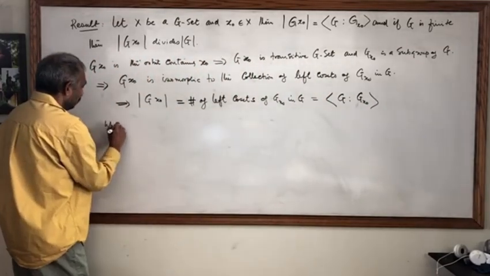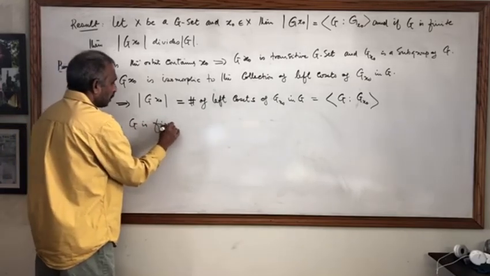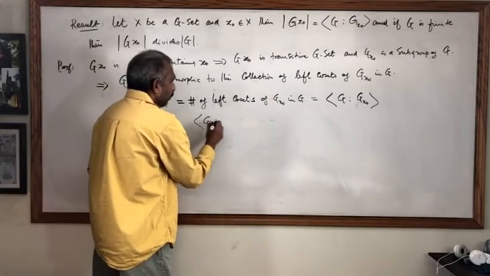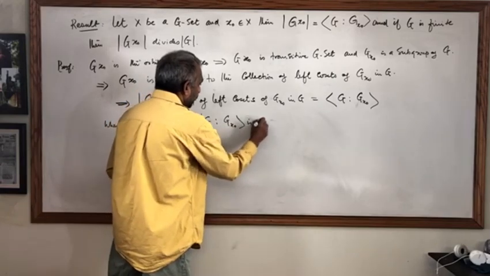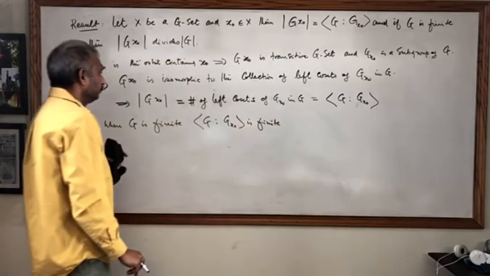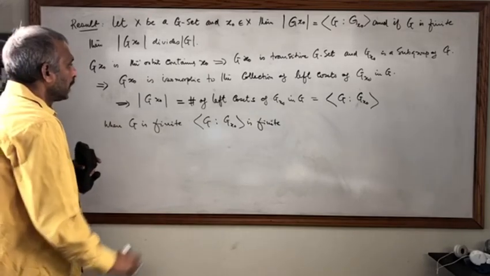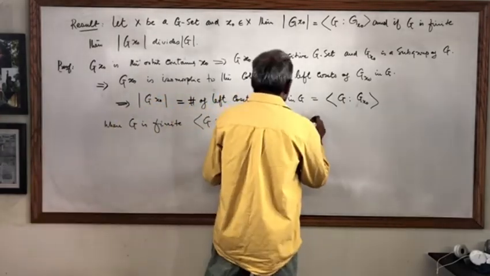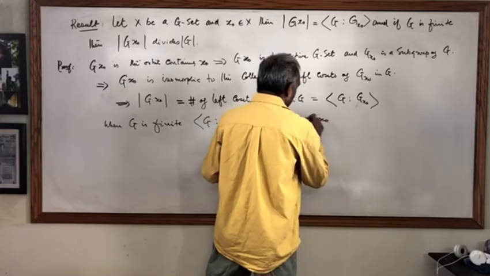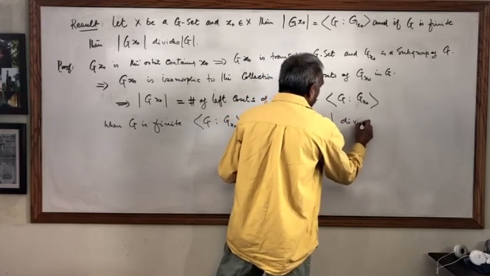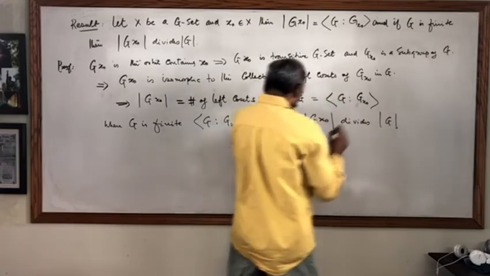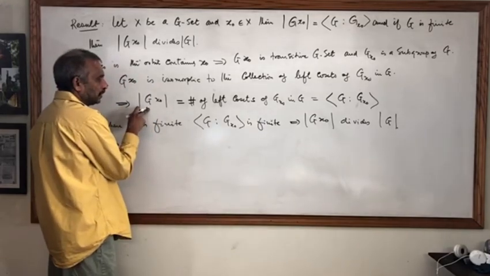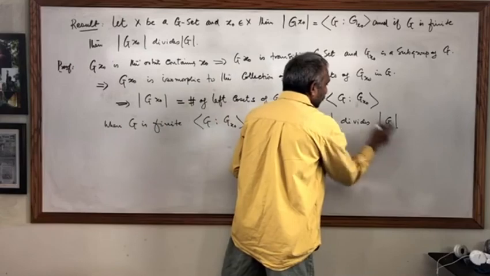And when G is finite, G over the stabilizer is finite, and that implies the cardinality of the orbit divides the cardinality of G, because this divides G. So the cardinality of the orbit divides the cardinality of G.